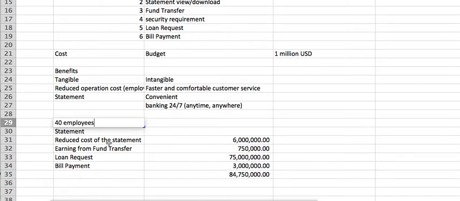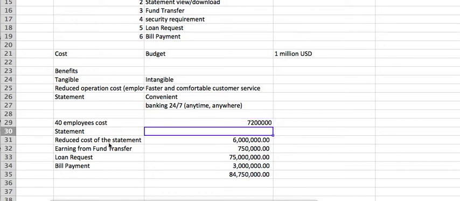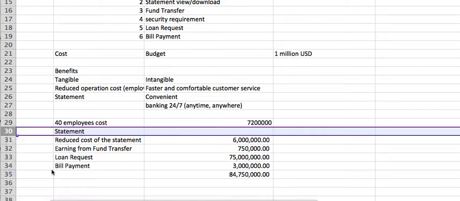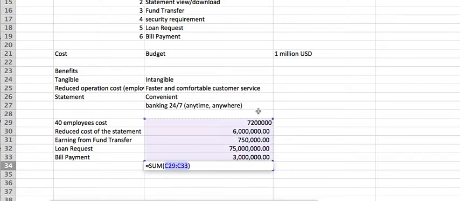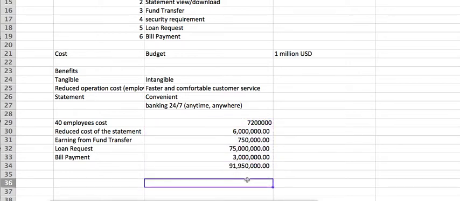So they can let go of 2 employees per branch. So what is the average salary of an employee? 3,000 USD for 12 months, for 40 employees, and for 5 years. So let's reduce this. So this is 91,000.